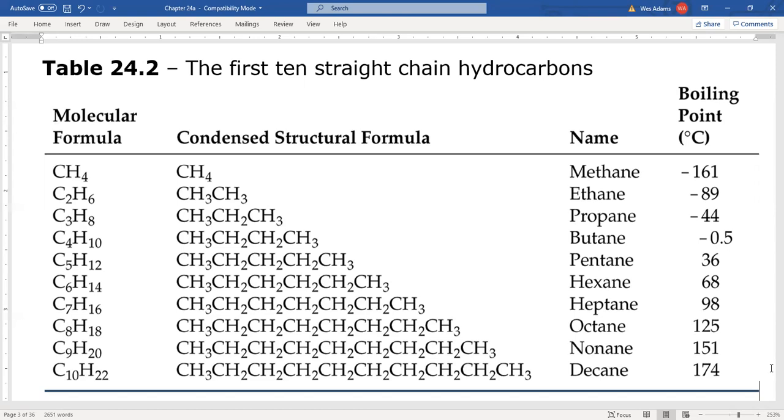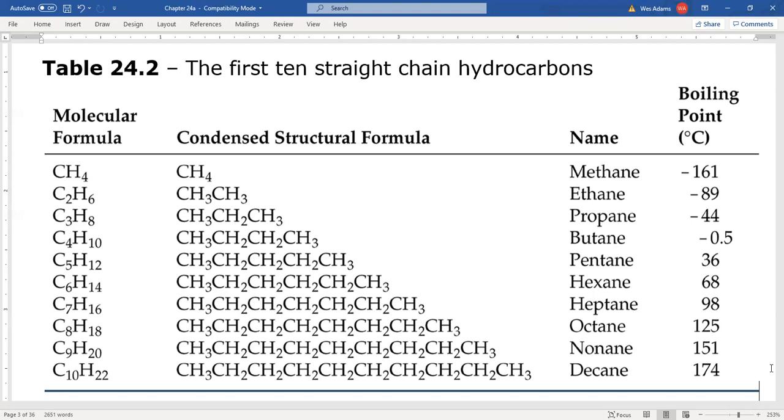You see the boiling point going up each time. Octane, C8H18. Nonane, C9H20. C10H22 is decane. You see each time the chain gets longer with a CH2 inserted. You really do need to know this list. You don't need to memorize the boiling points, but you need to know the rest of this table.